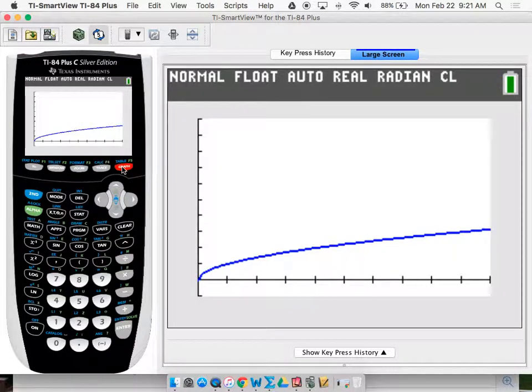Right, so that's the function that we're looking at. We're only concerned about from here to there, right? So another way that you could figure out the area of that.